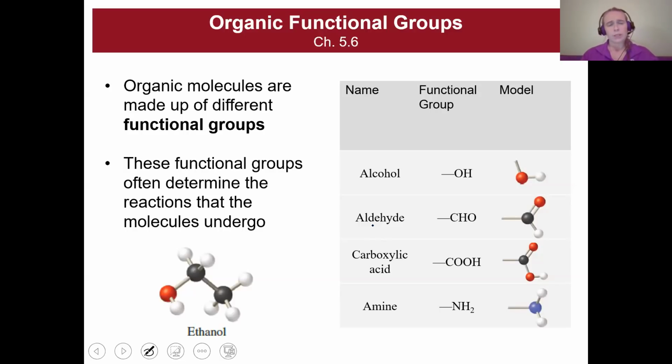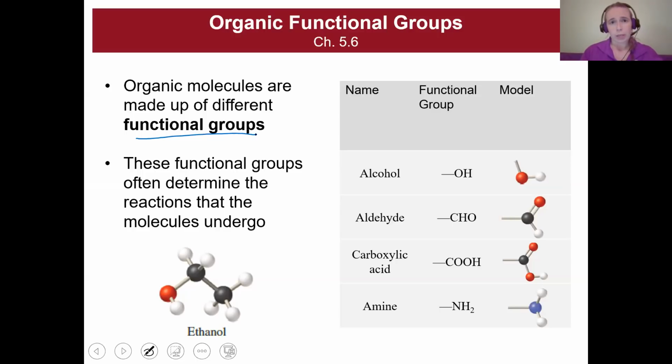So what else can we talk about with organic molecules? You will hear so much more about this if you continue on to organic. You will be experts at identifying functional groups, I promise. Organic molecules are made up of different functional groups. These functional groups determine the reactions that the molecules undergo.